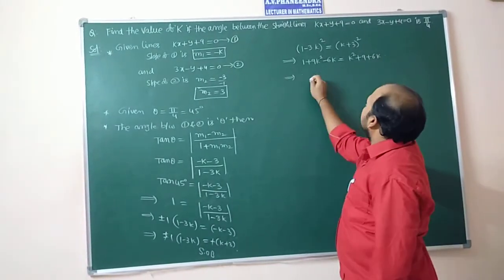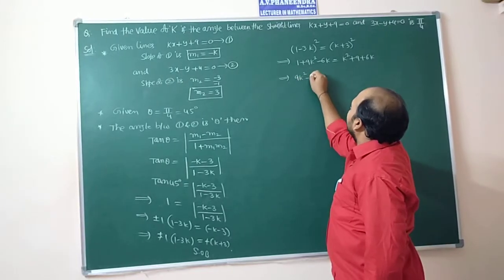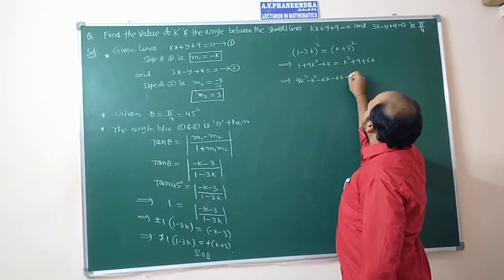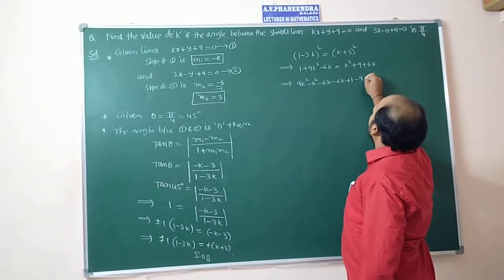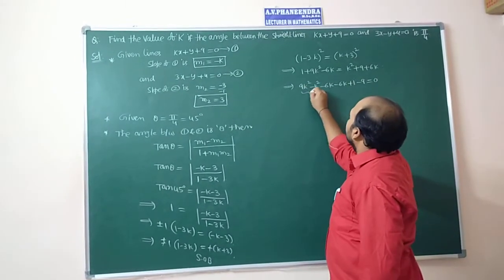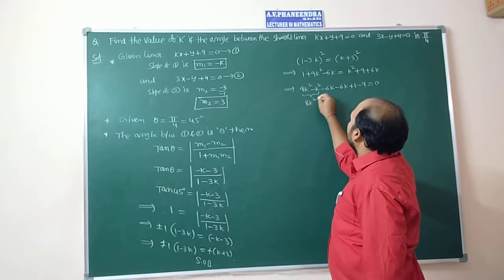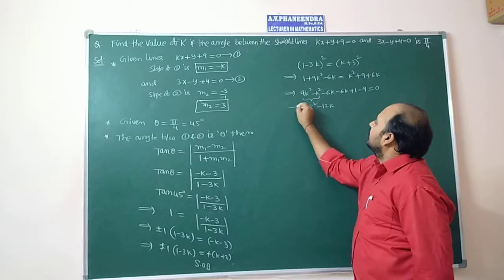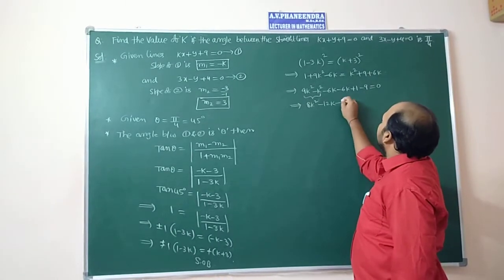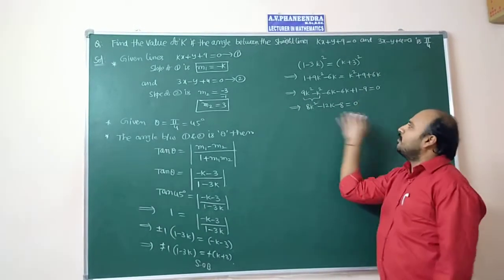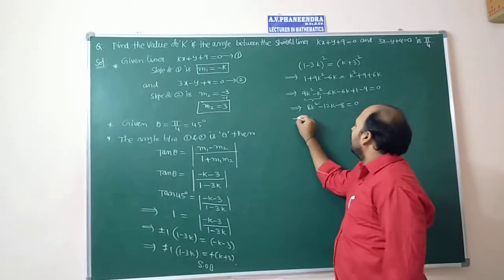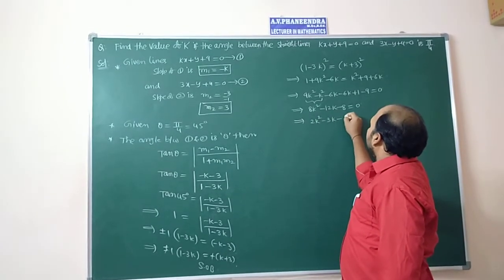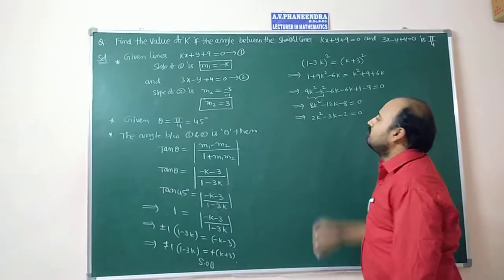Taking these values to this side: 9k square minus k square minus 6k minus 6k plus 1 minus 9 equal to 0. So 9k square minus k square is 8k square. Minus 6k minus 6k is minus 12k. 1 minus 9 is minus 8 equal to 0. All are multiples of 4, dividing by 4, it becomes 2k square minus 3k minus 2 equal to 0.